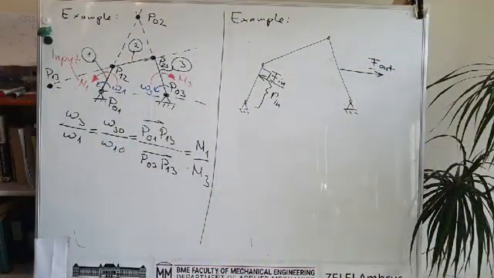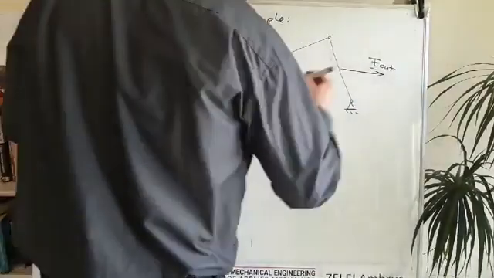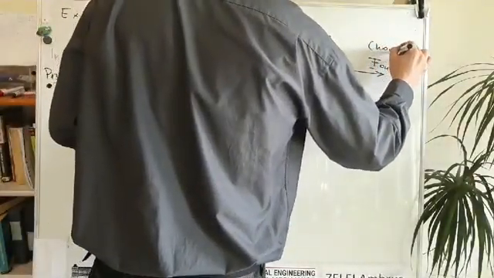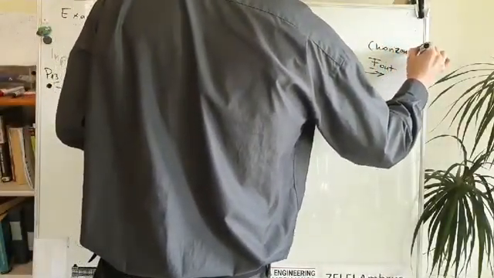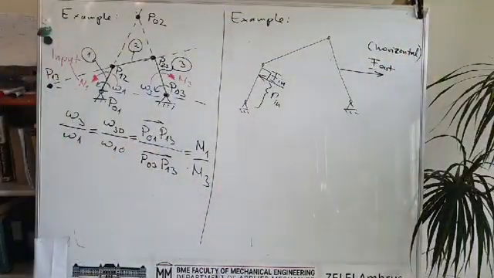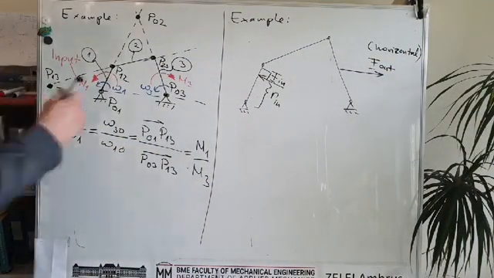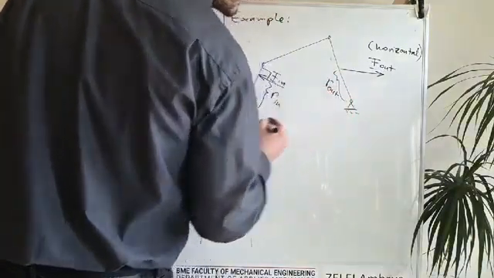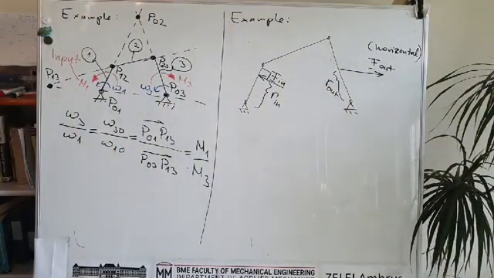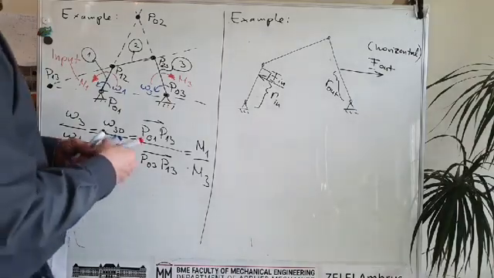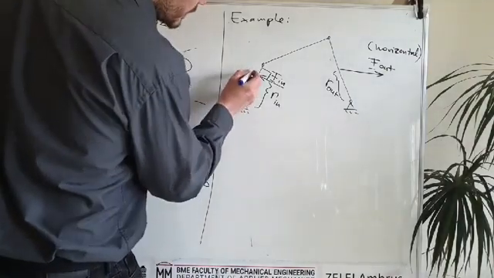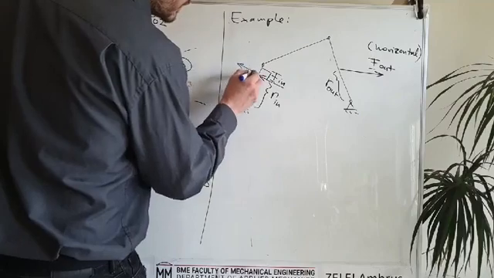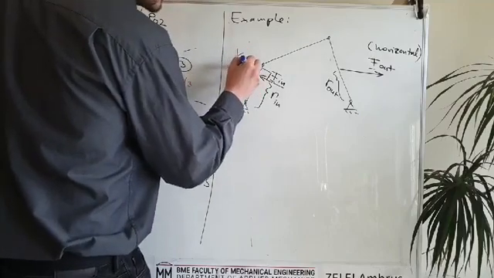Okay, this is horizontal, and the distance is r out, and we can also draw the velocities.